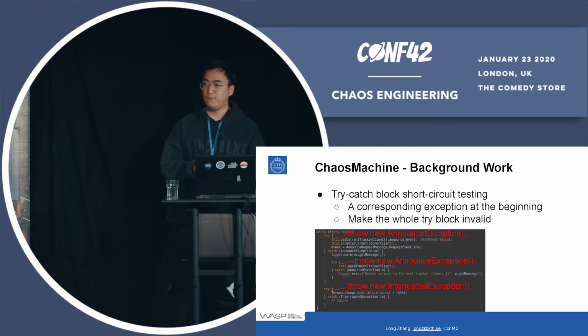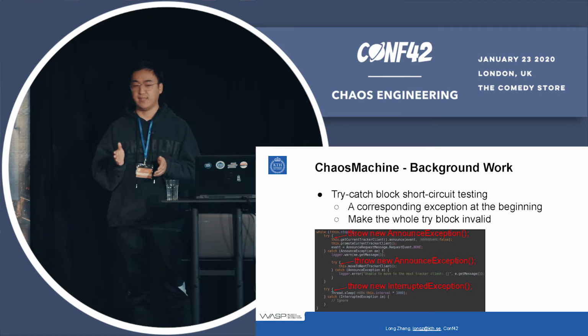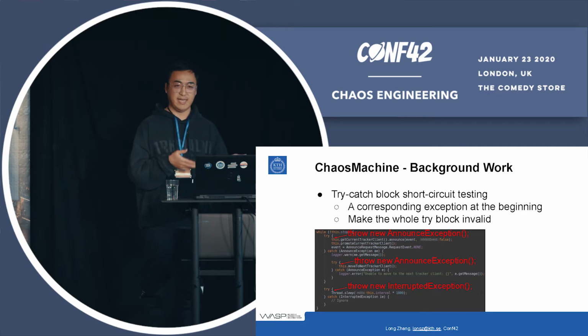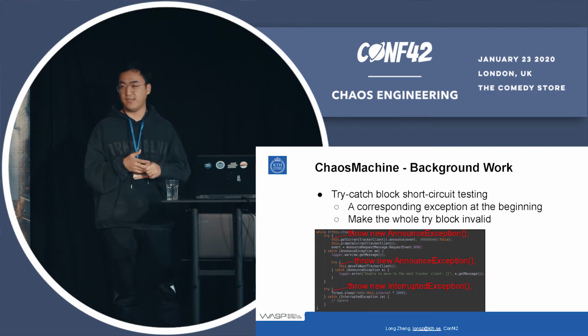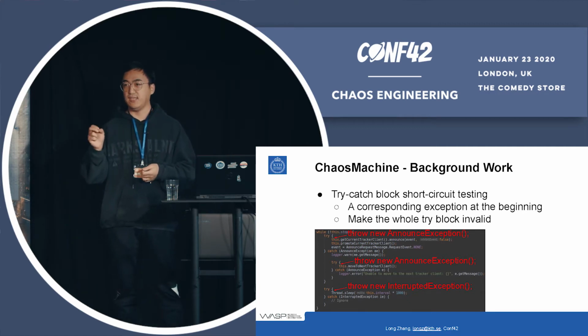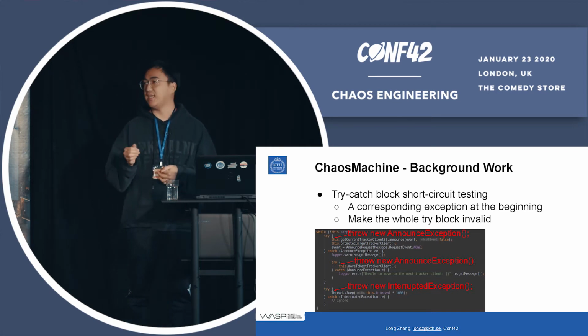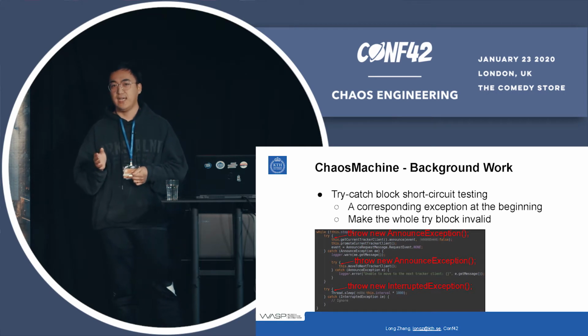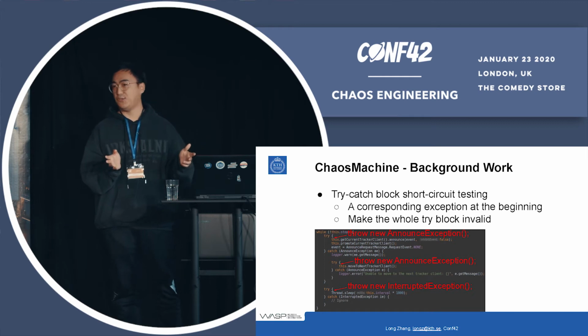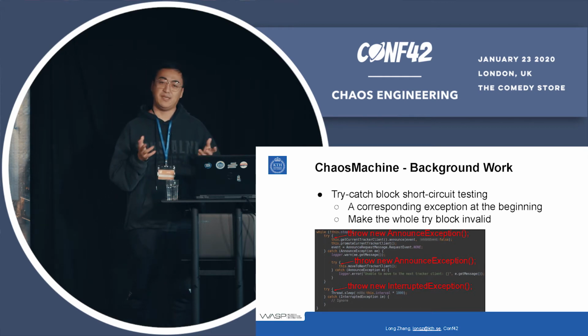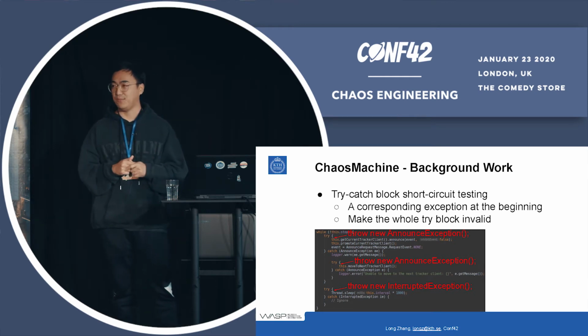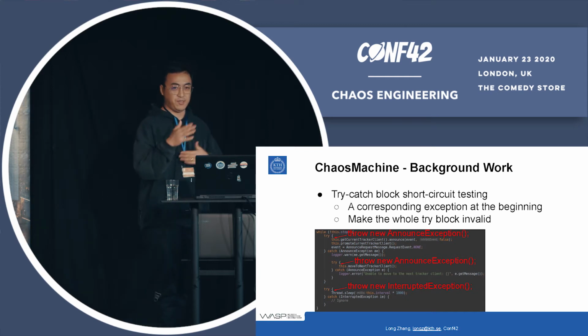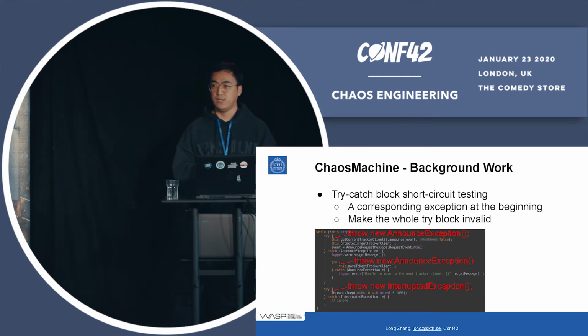So that's how we would like to evaluate these try-catch blocks, to evaluate the exception handling methods in the system. Previously, lots of work was done in the testing phase. For example, this is one of the testing methods, called short-circuit testing. It injects an exception at the beginning of a try block, so your whole try block is made invalid and it goes into the catch block. Then it runs the test suite again to see how this behaves and whether it still passes the test cases.